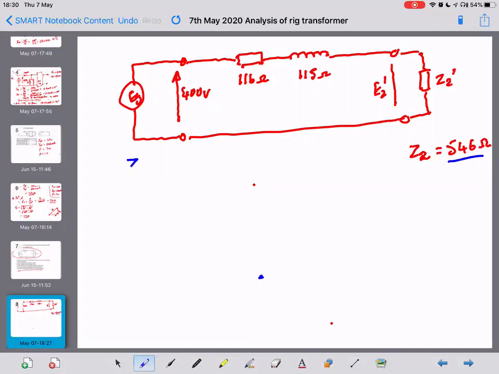Can you remember how we calculate that? A squared times the Z2. Yeah, well done. So that's 1.6 squared times 546 equals.